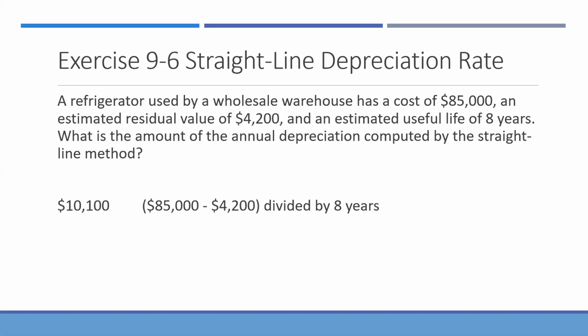Yeah, we have to subtract the residual value first, so that we get the total amortized, the depreciable base, which is 80,800, and then we divide by 8 or 12.5%. Perfect.